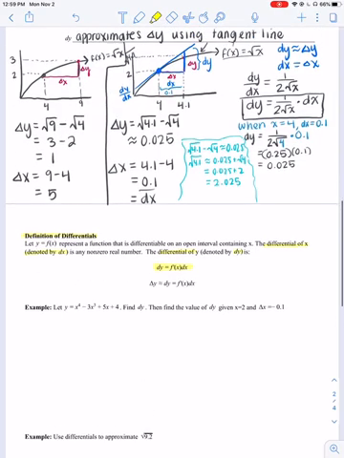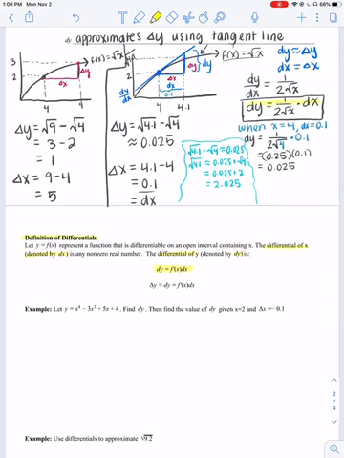And that is what we did right here. Remember, we took the derivative and then we multiplied it by dx. So dy is equal to your derivative evaluated at your point times dx. And remember that dy is an approximation of delta y, and therefore, you can approximate delta y using this concept.